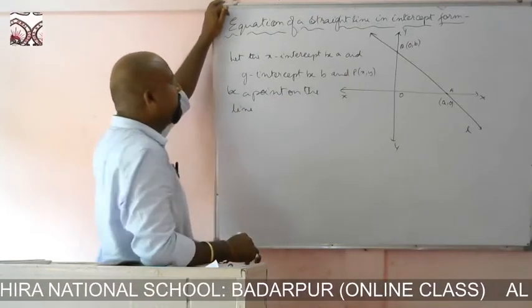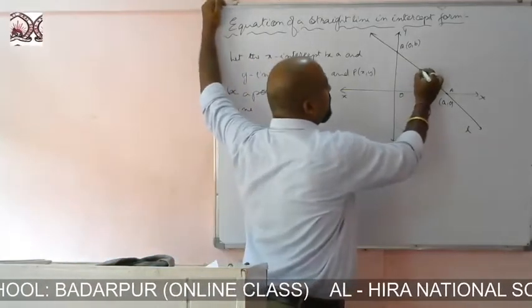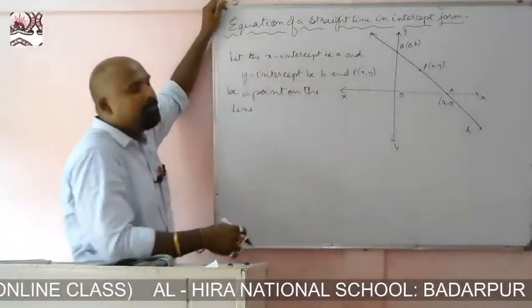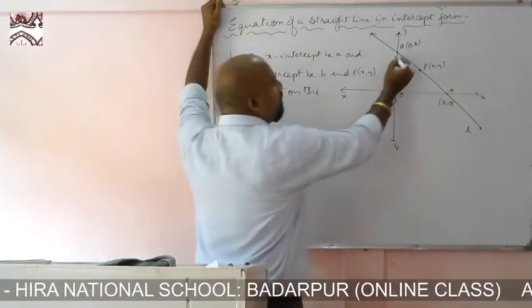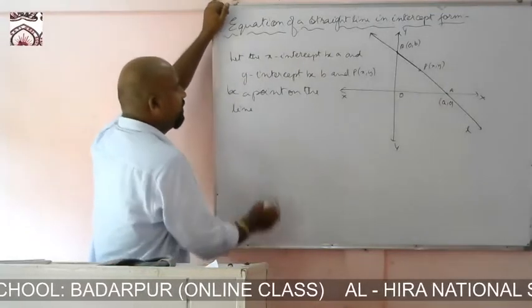As the points A, B, P lie on the same line, the slope of PB would be equal to the slope of AB.